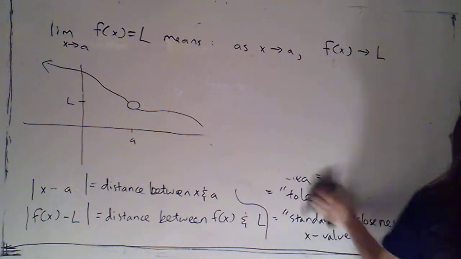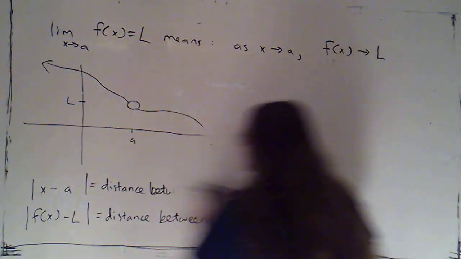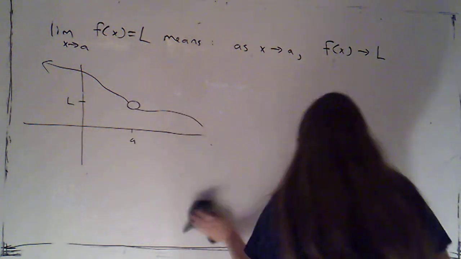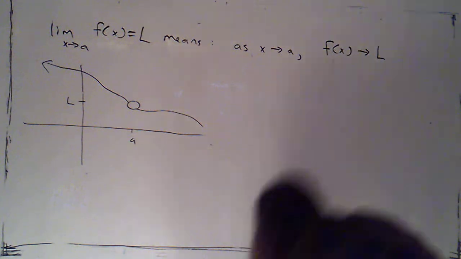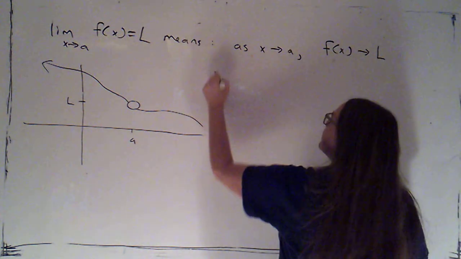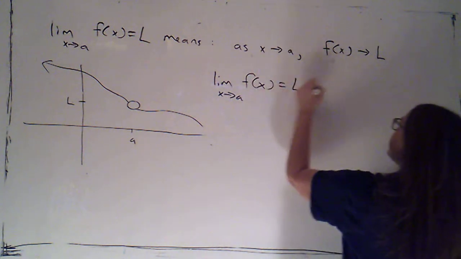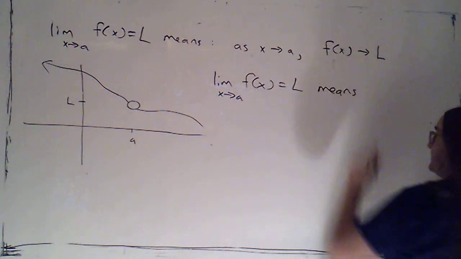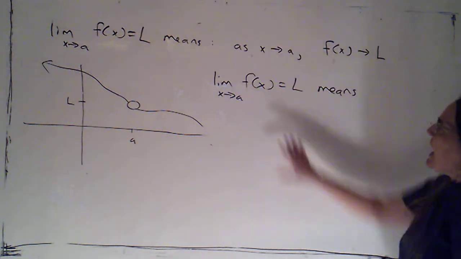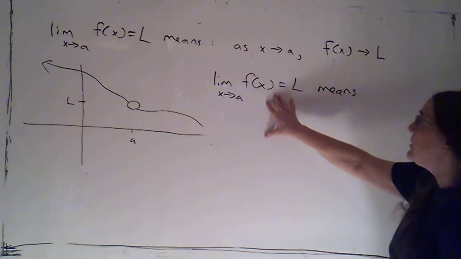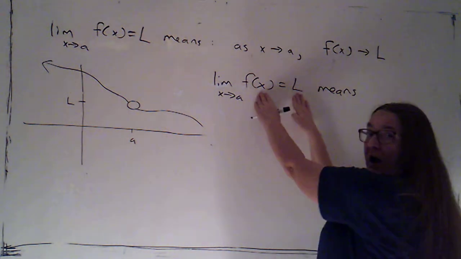All right, so I'm going to keep that picture up, but I'm going to write out the formal definition of a limit. So, the limit as x approaches a of f of x equals L means. Now, notice this is all about the y values.